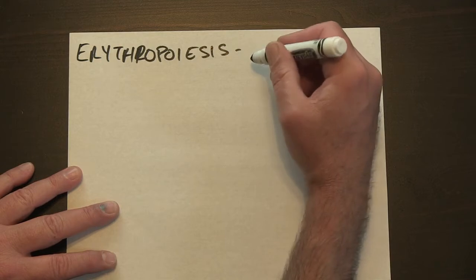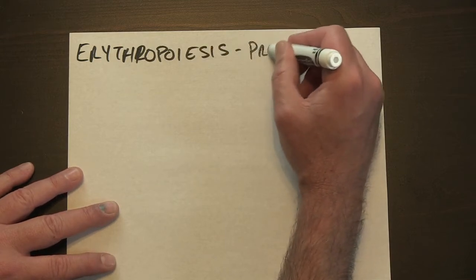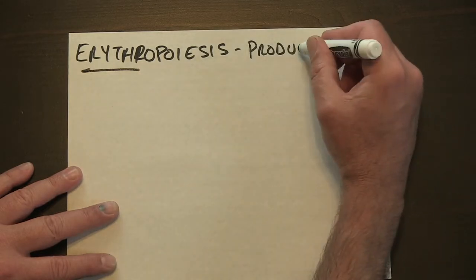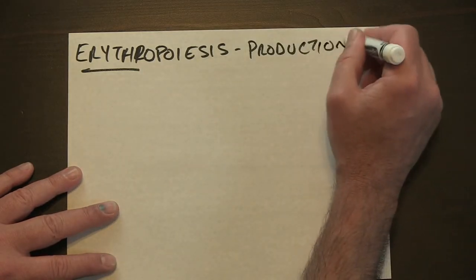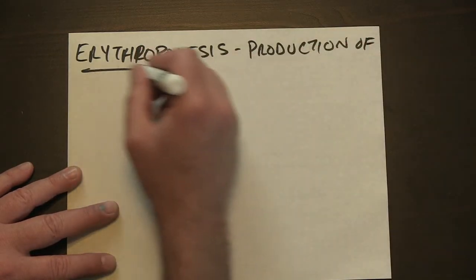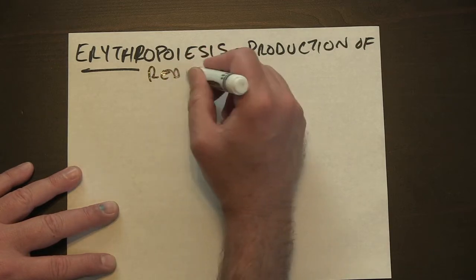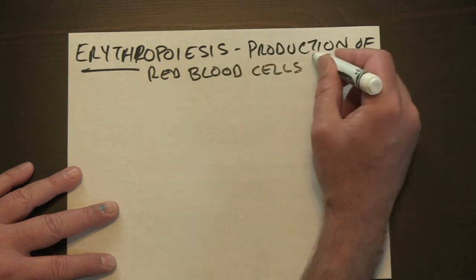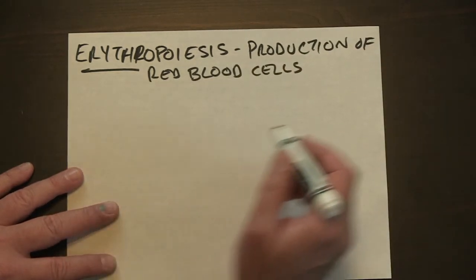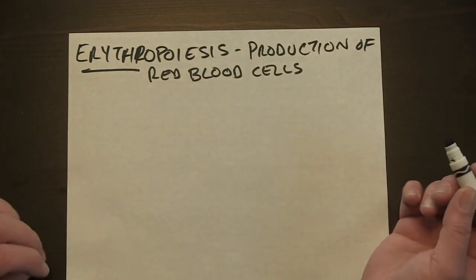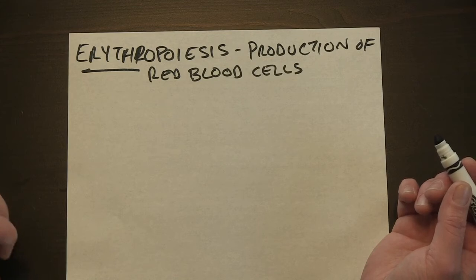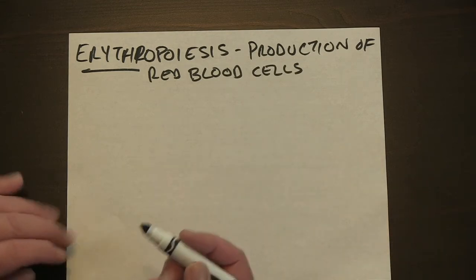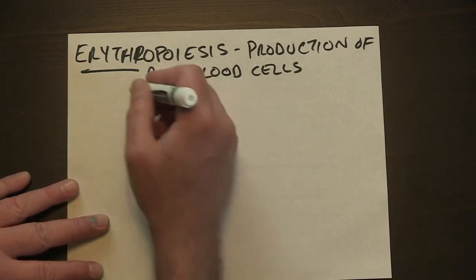This is the production or formation of erythrocytes, red blood cells, aka erythrocytes. And depending on your age, when you're a fetus, it happens in the yolk sac and the liver and spleen, and then after birth, it's in the red bone marrow.